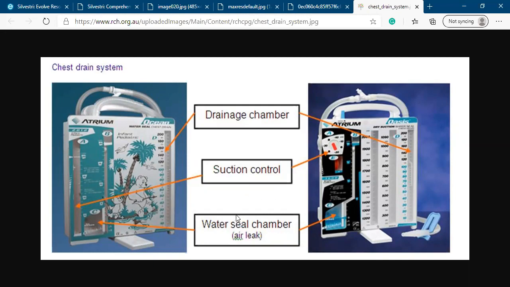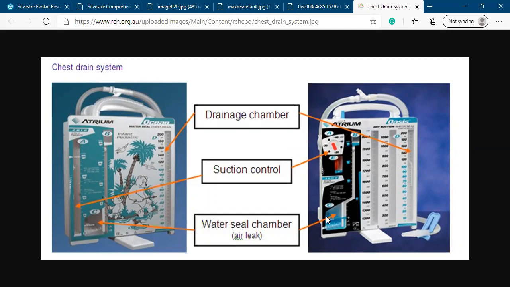The water seal chamber contains a certain limit of water, and this water has some bubbling. Why bubbling? Because air is coming from the lungs, so we can see a certain amount of bubbling.